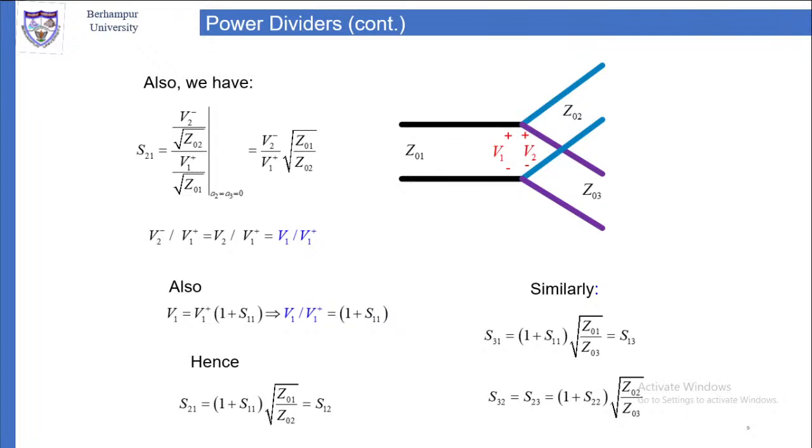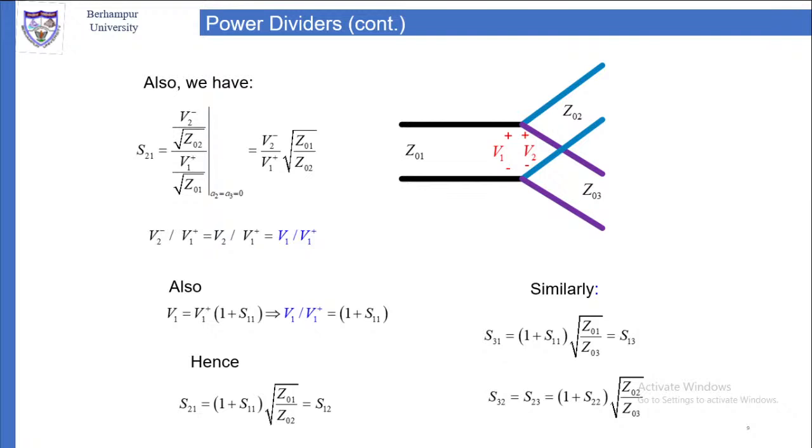Otherwise, V1 is equal to V1 plus into 1 plus S11, so V1 plus plus V1 plus into S11. V1 plus into S11 is actually V1 minus, because S11 is equal to V1 minus by V1 plus.